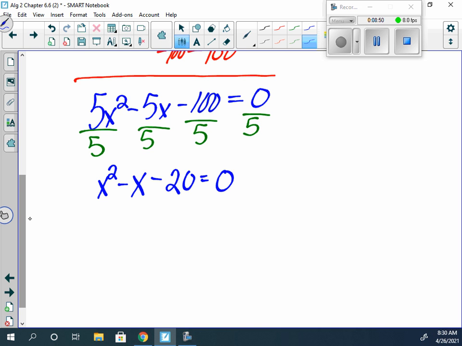It's a quadratic, so we would factor it. Yes. 2 sets of parentheses. X and x.